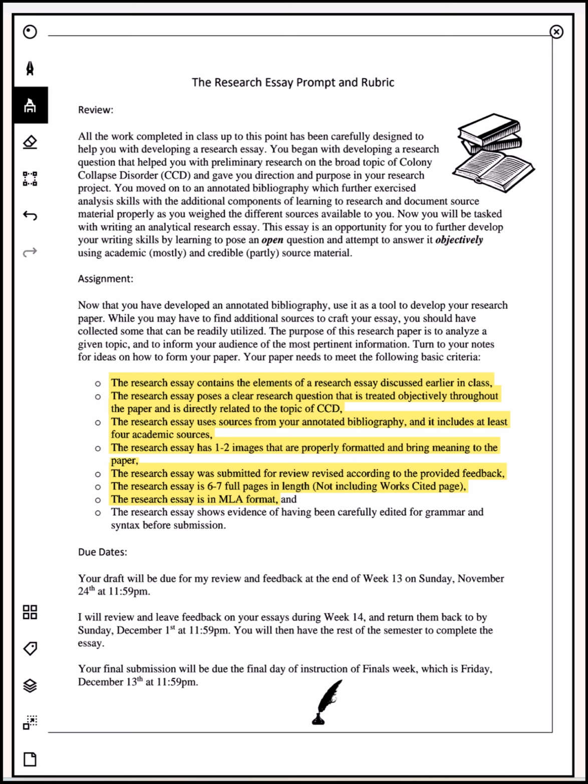And then finally, the research essay shows evidence of having been carefully edited for grammar and syntax before submission. So look for the obvious things: subject-verb agreement, run-on sentences, fragments.